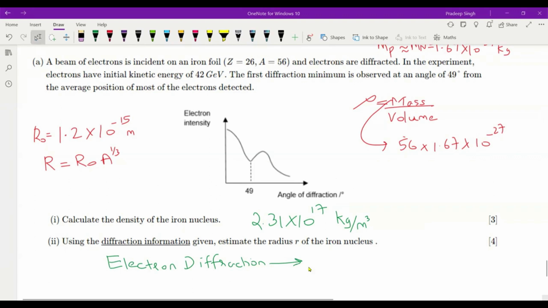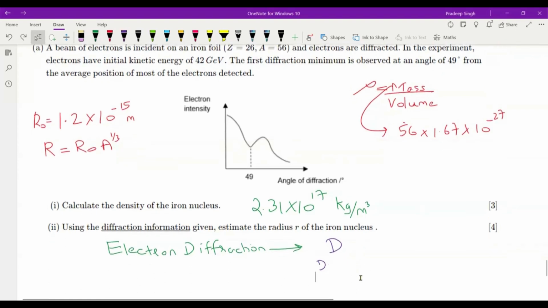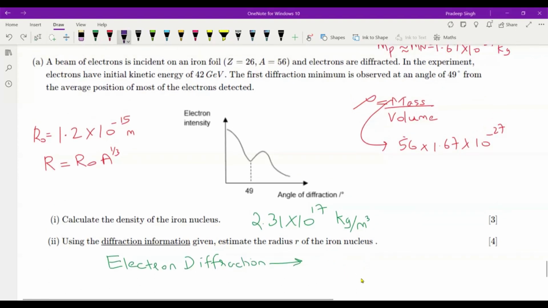Yes, because it has diffraction in it, sine theta will be there. So let me write it down. So the formula goes like this. D stands for diameter. For diffraction, sine theta is lambda upon D, where D is the diameter.